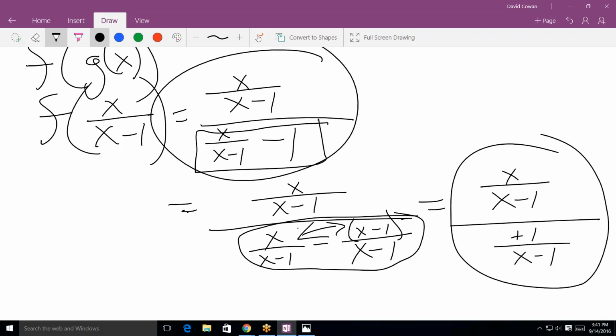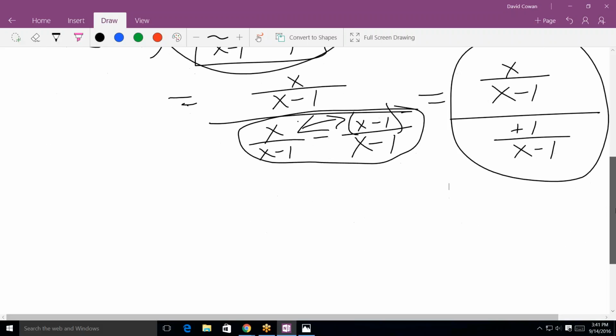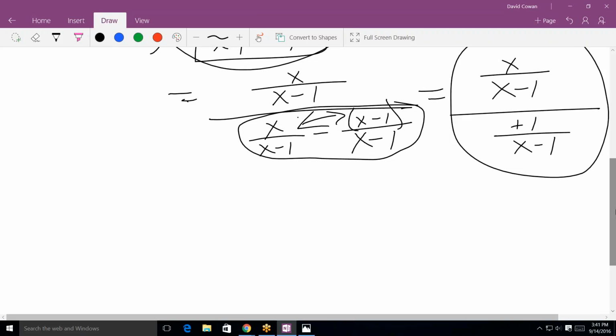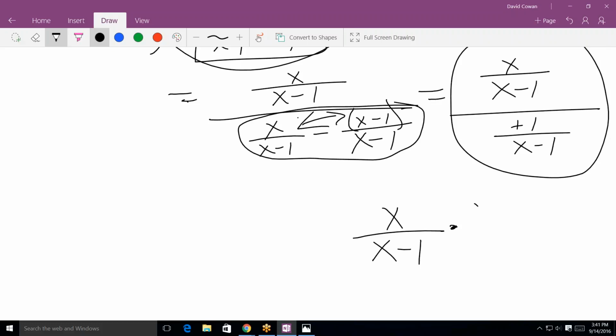How do you divide a fraction by a fraction? Multiply by the reciprocal. Yes. Flip and multiply. Whenever you're doing division, you can always flip the bottom and multiply. Well, if I do that, I get this. And notice that good things happen. That cancels with that, and I end up with x.